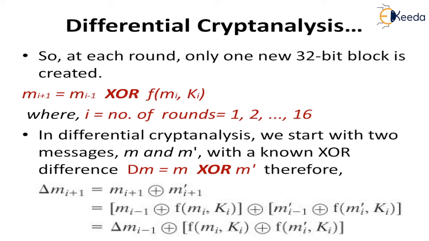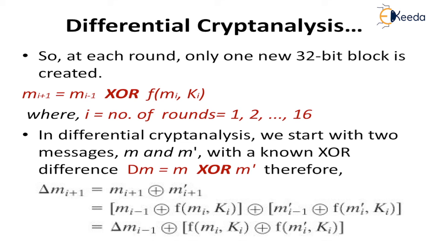In differential cryptanalysis we start with two messages M and M dash with a known XOR difference, ΔM, equal to M XOR M dash. Therefore, in the resulting equations, ΔM(i+1) is equal to M(i+1) XOR M dash(i+1).